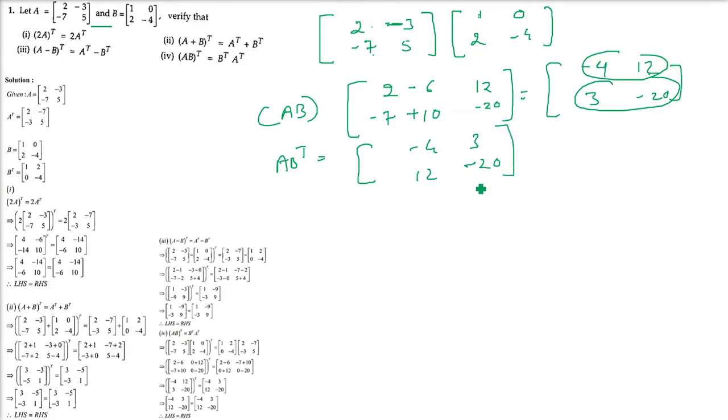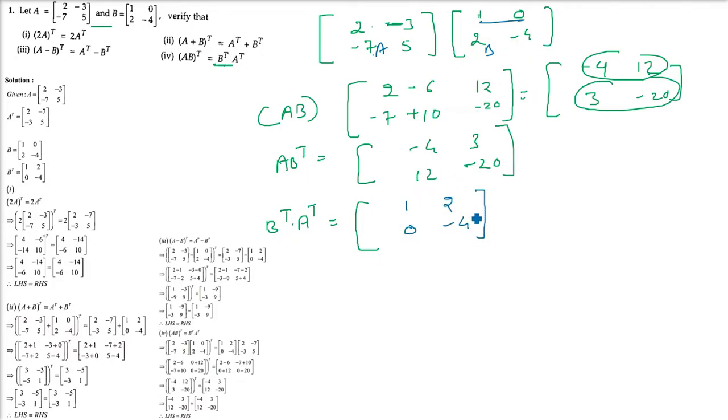Then we'll take B transpose and A transpose, and multiply them. I'm directly doing it. This is A and B. So B transpose: 1, 0, 2 and -4, row to column.